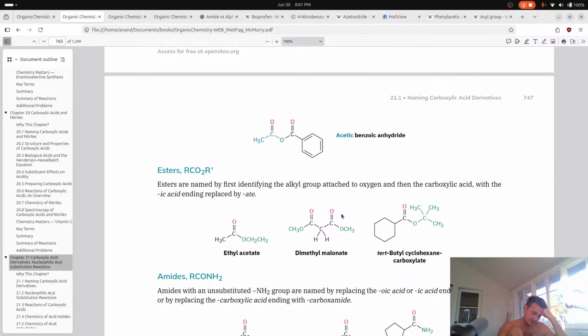So then this is going to be called tert-butyl cyclohexanecarboxylate. Tert-butyl cyclohexanecarboxylate. All right.